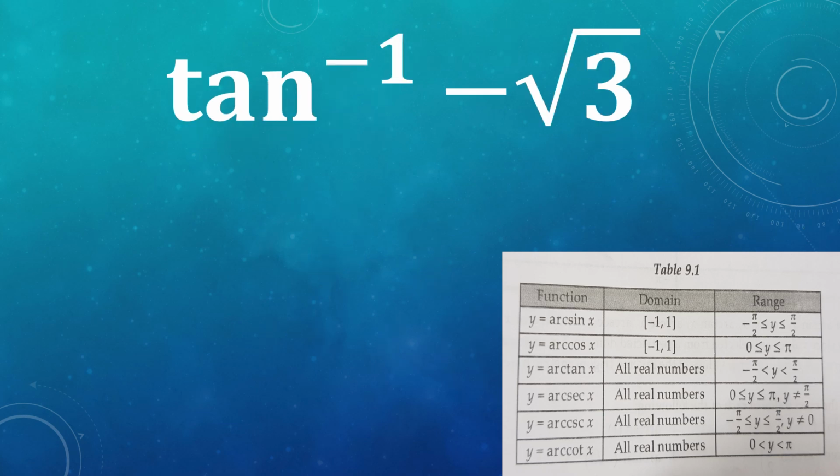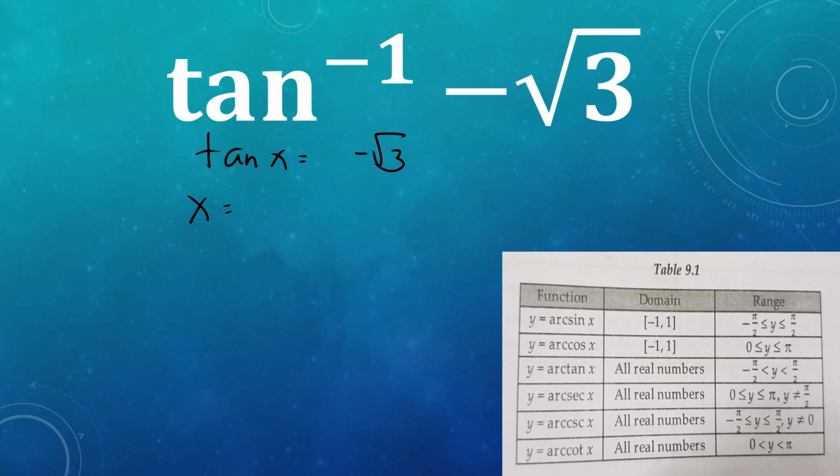Let's try another example. Tan raised to negative 1 of negative square root of 3, or arctan of negative square root of 3. We're going to rewrite this as tan x is equal to negative square root of 3, meaning we're going to think of angle measures that will satisfy the given equation.